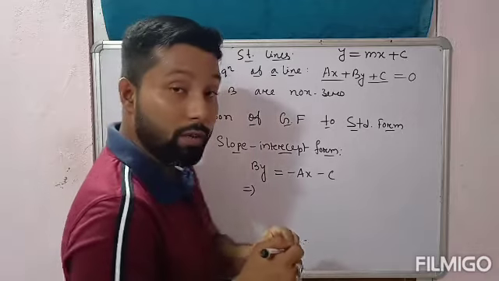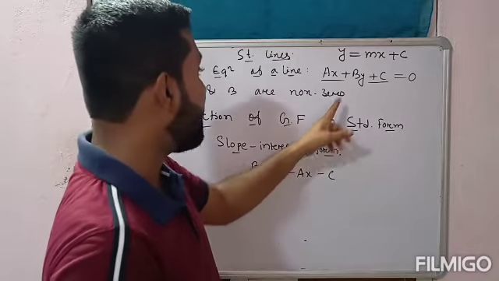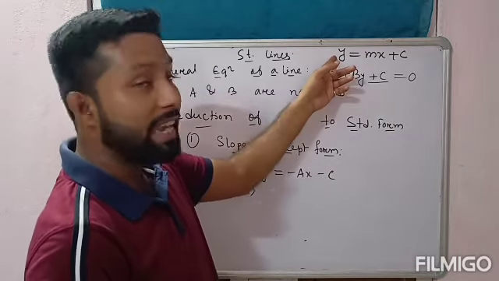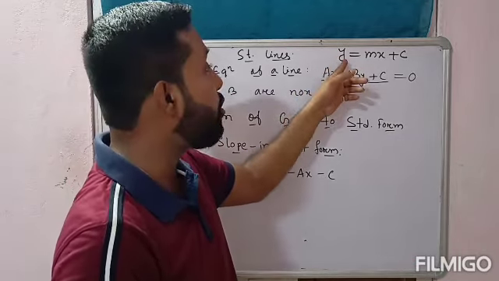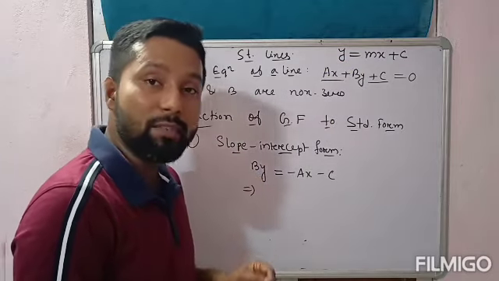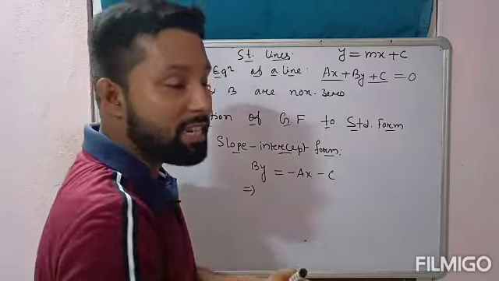Now after shifting these two terms on the right hand side, next step is what? Look at the standard equation again. The coefficient of y must be 1, but here the coefficient of y is b, so you have to divide both sides by b.